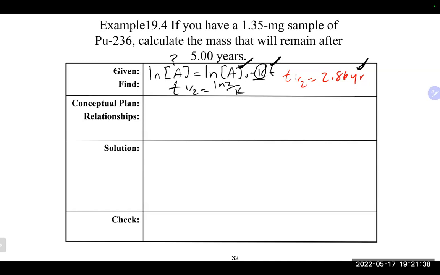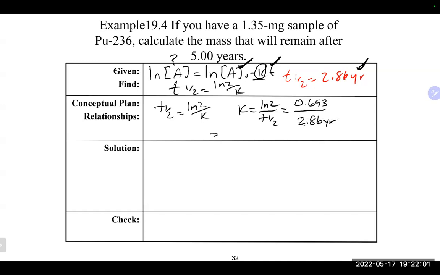If we do that, our half-life is equal to the natural log of 2 divided by k, which means k is the natural log of 2 divided by the half-life. That gives us 0.693, which is what you get when you take the natural log of 2, divided by 2.86 years.